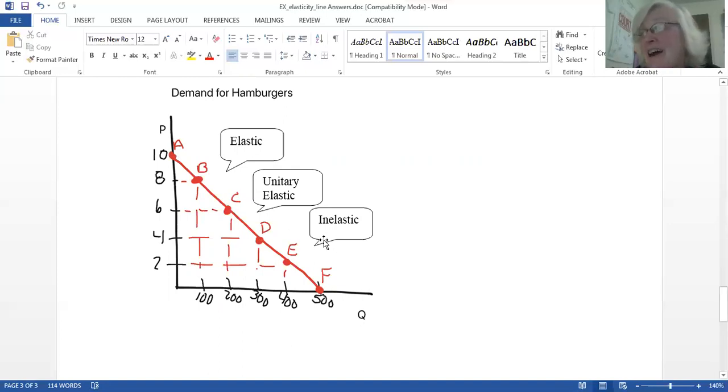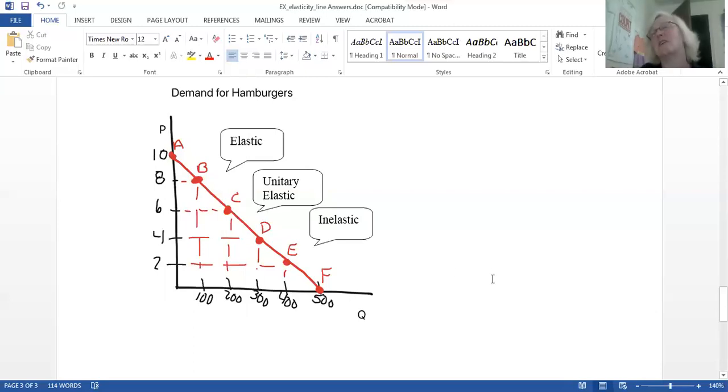D to E, E to F was inelastic, and we found that C to D was our unitary range. So again, you can see as you walk down the demand curve, you go from areas of more elasticity through the unitary elastic portion and then into the inelastic portion.